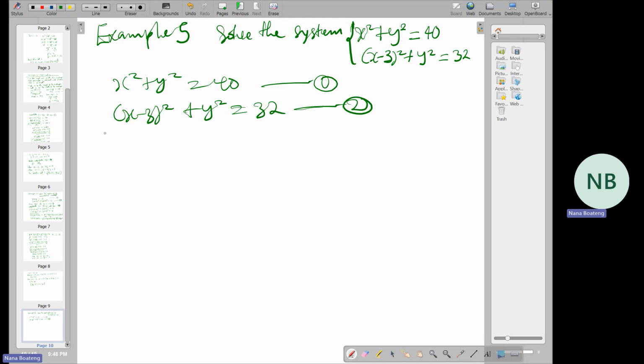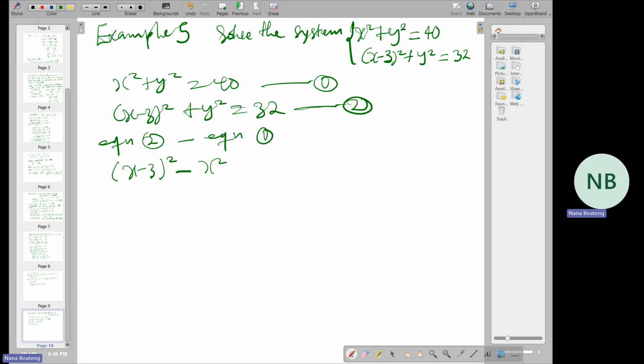So we would say equation 2 minus equation 1, which is equivalent to multiplying equation 2 by -1 and adding to equation 1. If we do this, then we will have x minus 3 squared minus x squared, and you have y squared minus y squared.